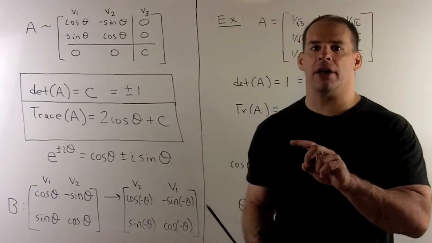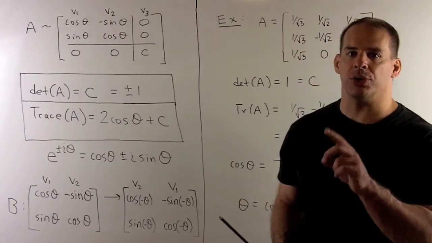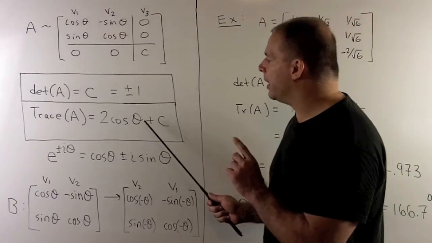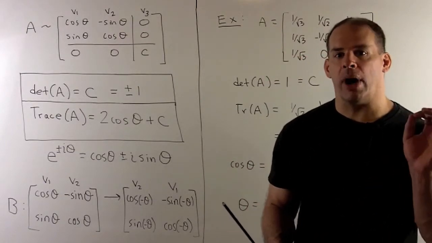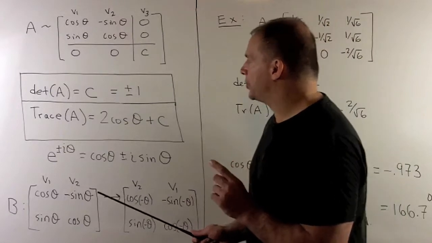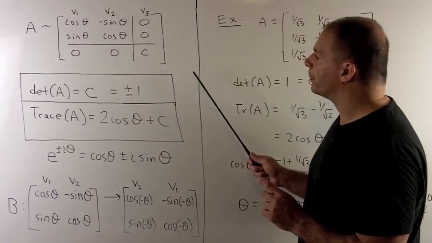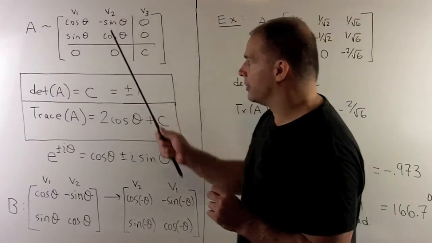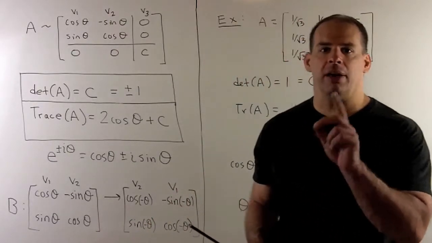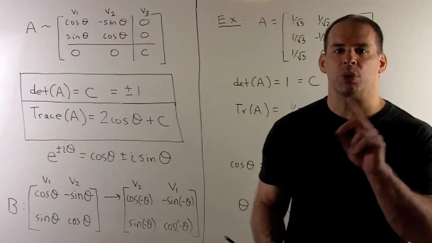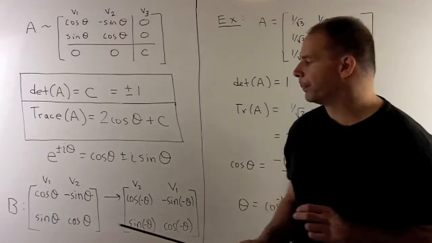If I insist on keeping our angles between 0 and 2 pi, I want to pick the angle that's between 0 and pi. The way I do that, we'll take our form here, and then we're just going to take a look at the angle that comes out. So the idea is I could switch between theta and minus theta by switching the order of v1 and v2.